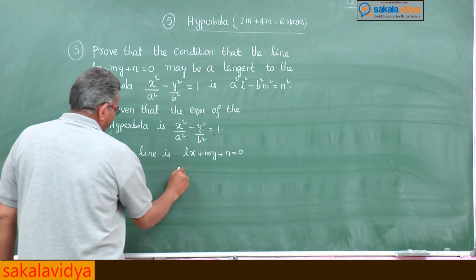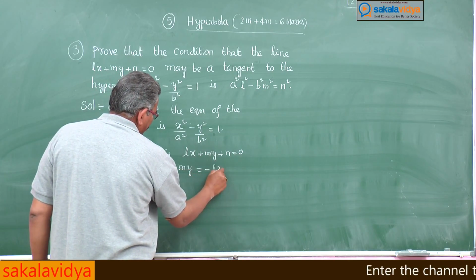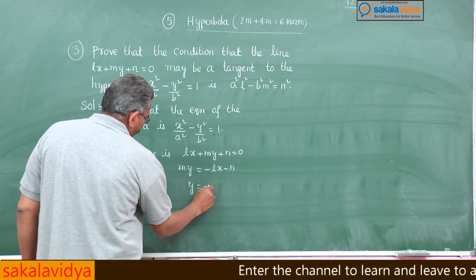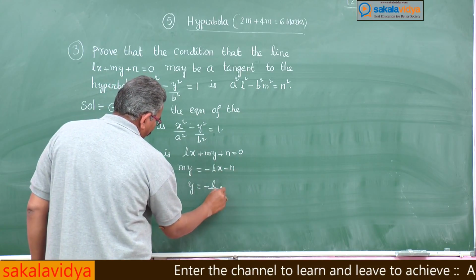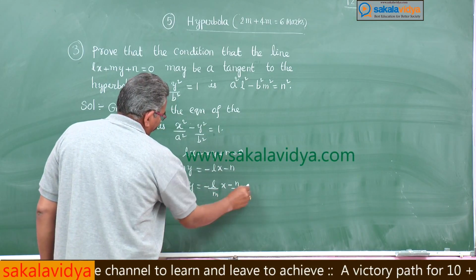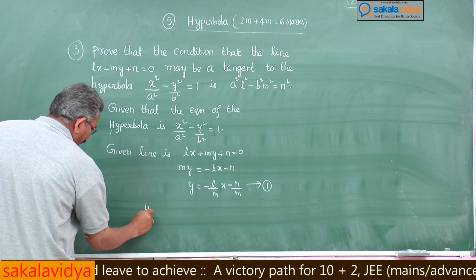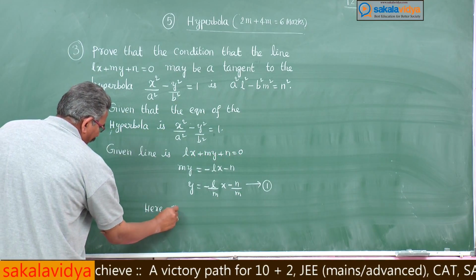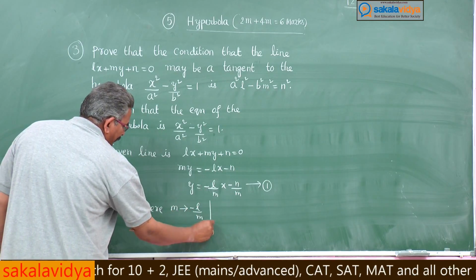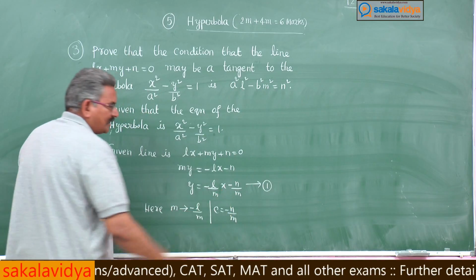This can be written as My is equal to minus Lx minus n, divided by m, y is equal to minus L by m x minus n by m. Here m is minus L by m, c is equal to minus n by m, comparing with y is equal to mx plus c.